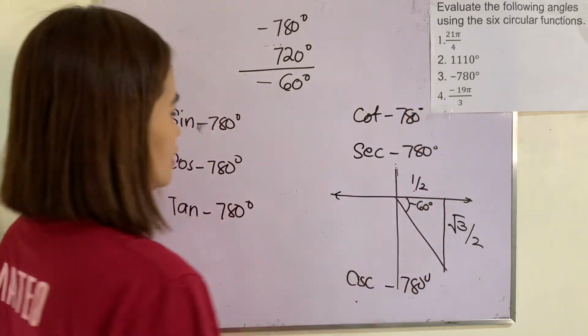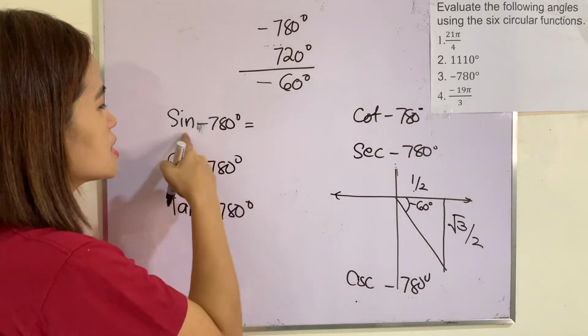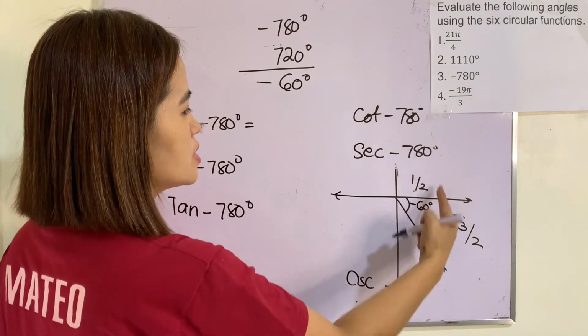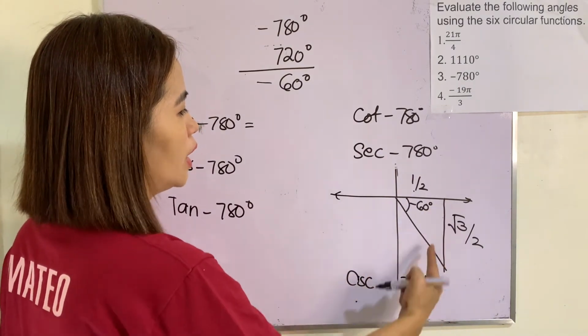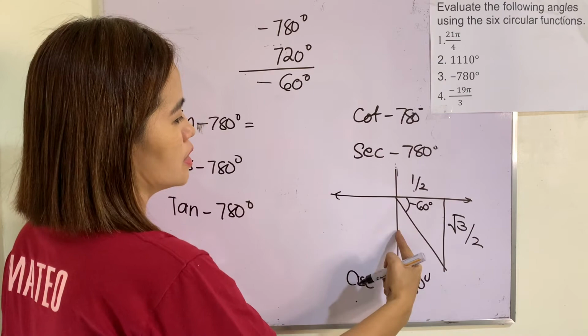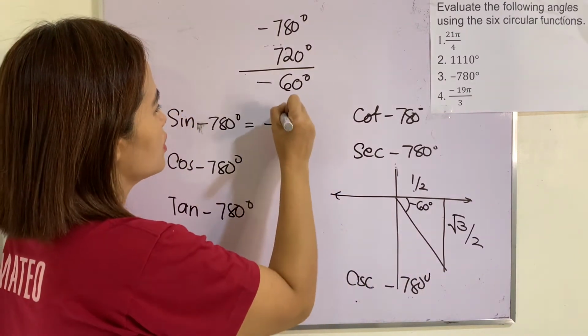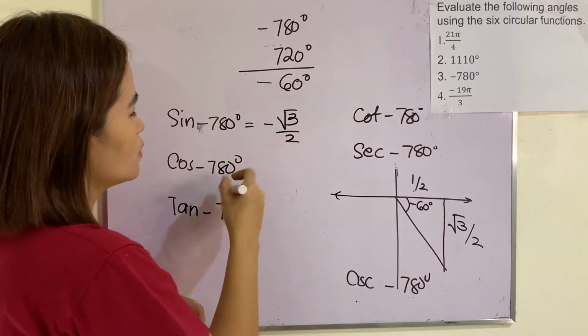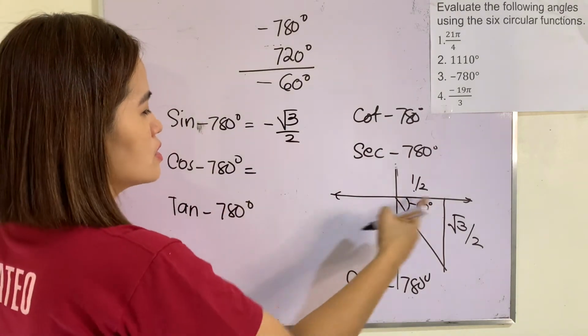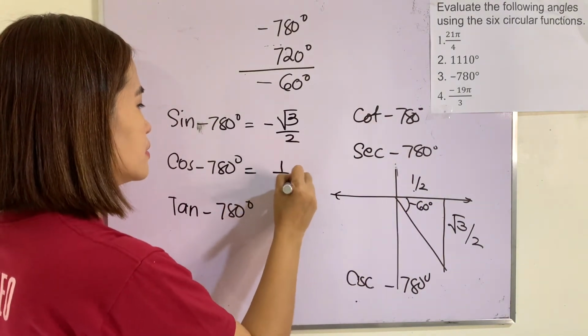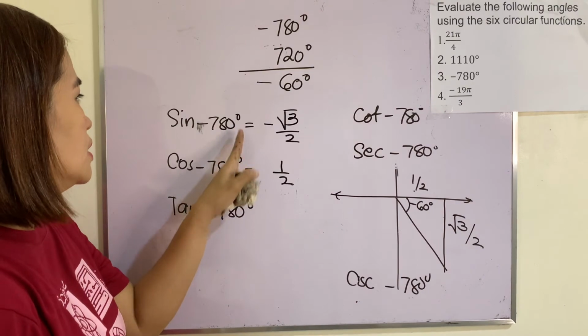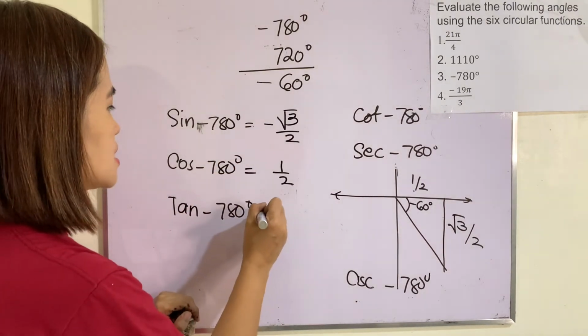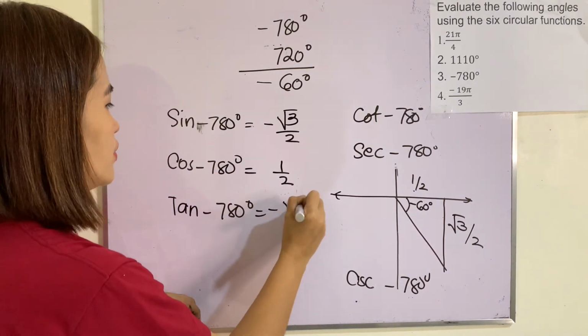Okay, so our sine here is square root of 3 over 2, and our y here is negative, so it's negative square root of 3 over 2. This one is positive cosine, that is 1/2. So, dividing the two, this one is negative square root of 3.